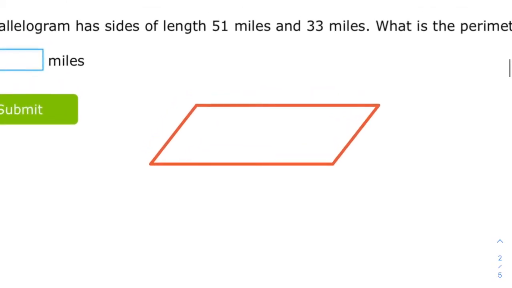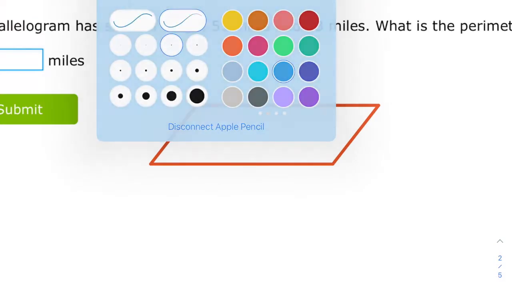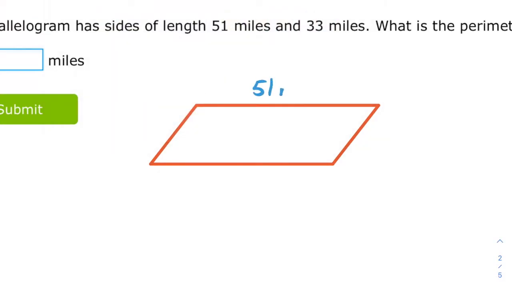So I have a parallelogram with 51 miles and 33 miles. So what that means is that I'm also going to have 33 miles on this side. I'm going to have 51 miles on this side.